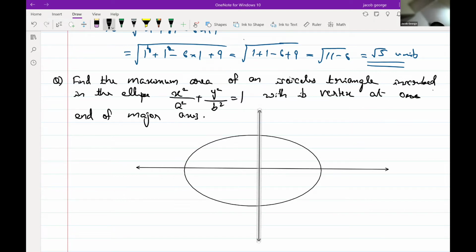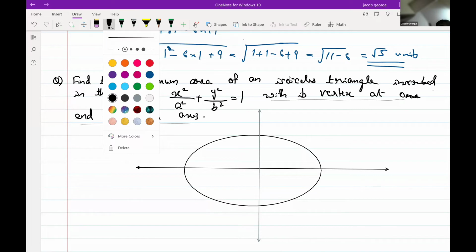Okay, so then we draw an isosceles triangle inscribed in the ellipse, and one condition is given with its vertex. This is the condition given: with its vertex at one end of the major axis. So we know capital A, I will highlight one end of the major axis here.